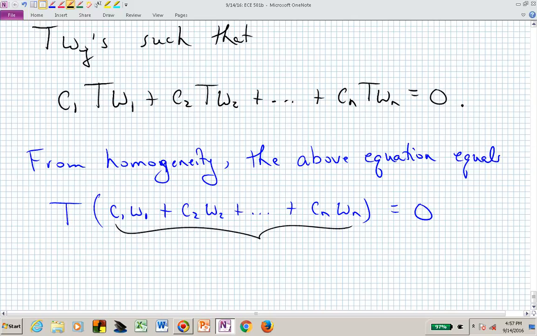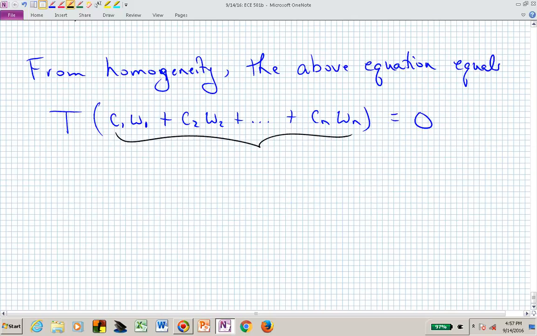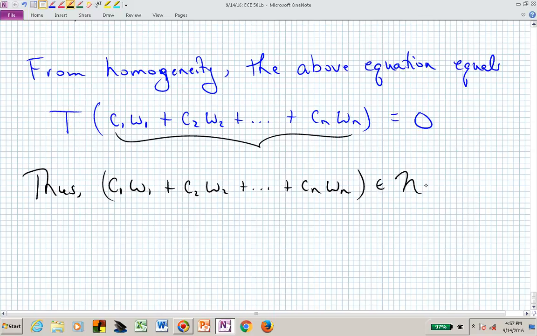So that vector that I've now identified with the curly bracket needs to live in the null space of T if it maps to the 0 vector. Thus, C1W1 plus C2W2 plus Cn Wn as a vector lives in the null space of T.